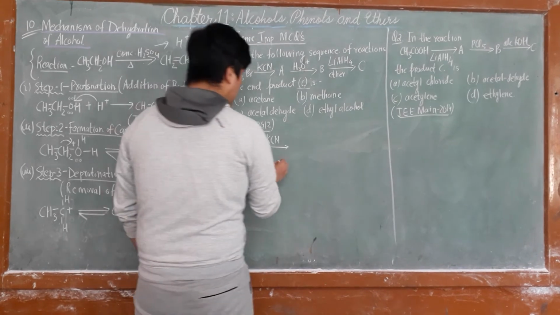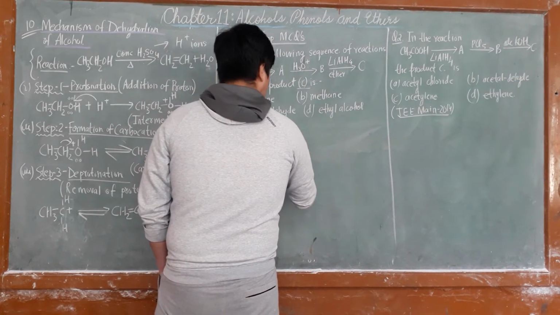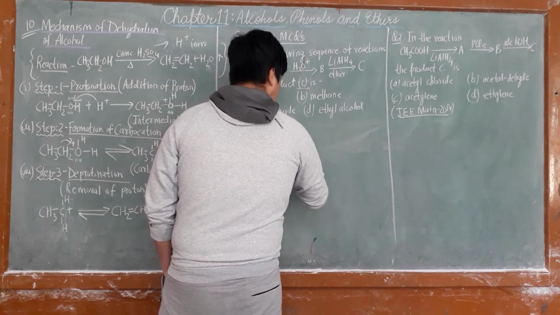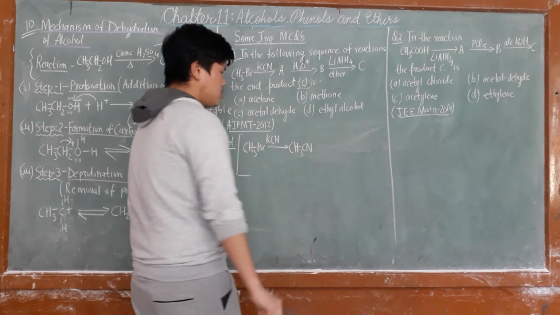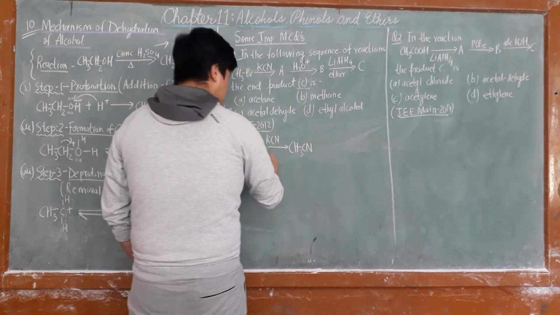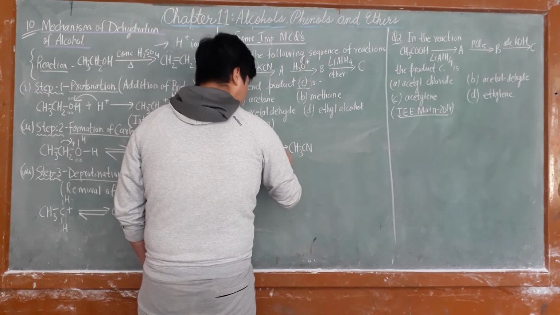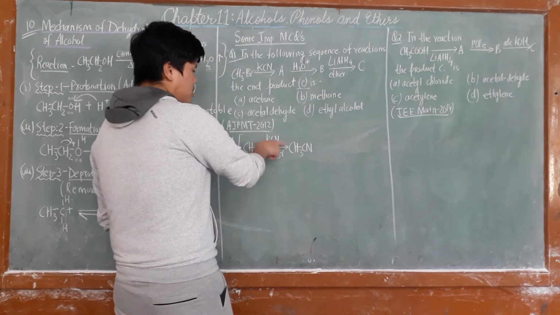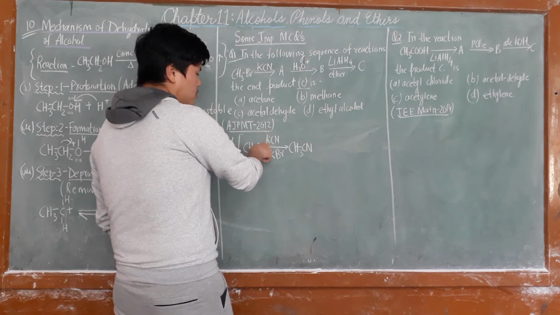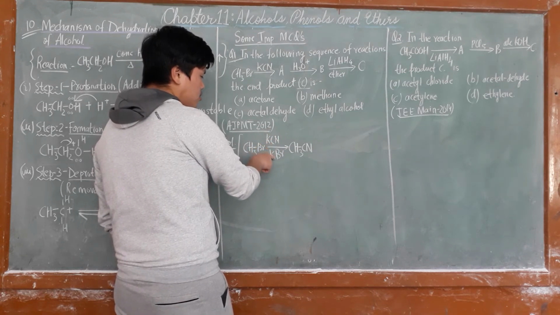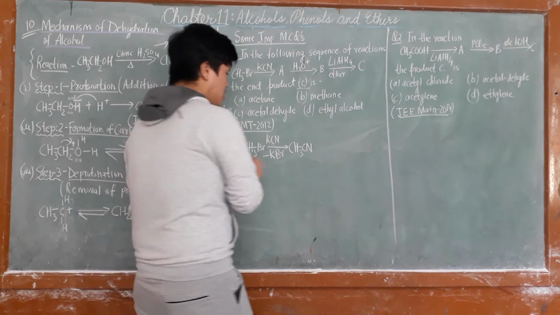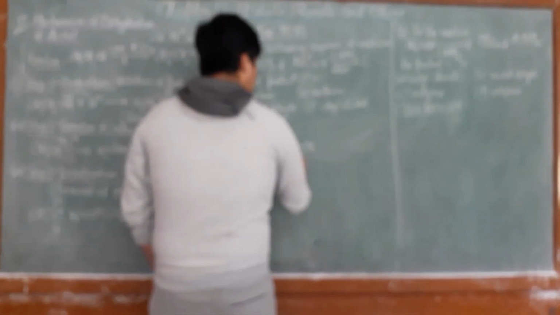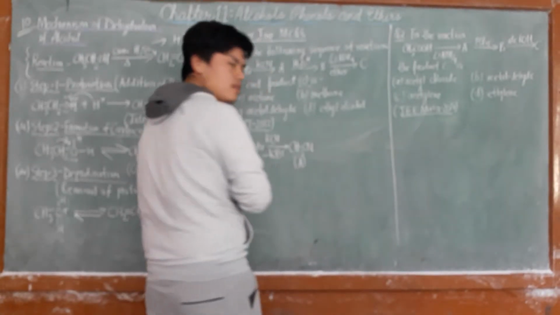Here nucleophilic substitution proceeds, and CH3CN will be your main product. And the side product will be KBr. Remember, in the exam you write the reagent on the upper side of the arrow, and on the lower side of the arrow you write the side products. Now CH3CN is your product A.